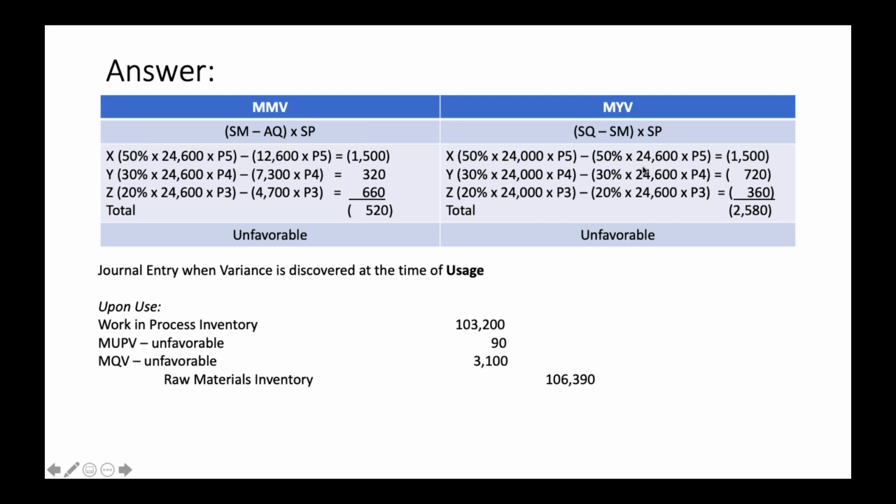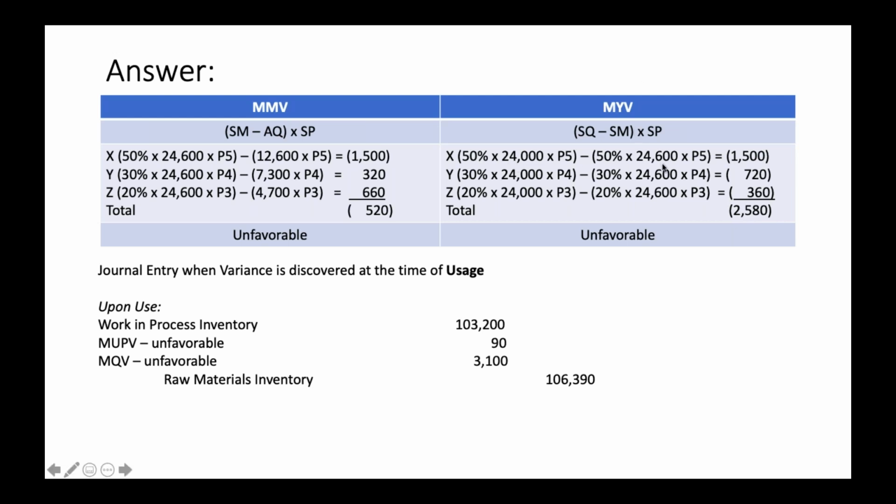We were able to consume, out of the 24,600, which is the total of the raw materials, 50% of which is allotted to material X. That's the standard mixture. But as we compared it to our standard quantity, what should have been used is only 24,000.